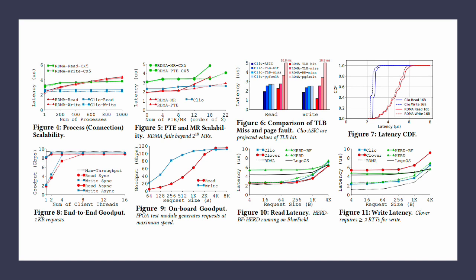In this slide we can see the latency and goodput bar charts, including read and write operations, the Clio based operations, and also the RDMA operations. The top one is the latency and the bottom one is the goodput, where we discussed previously the 100 Gbps and the 2.7 times latency. They evaluated process scalability and PT and MR scalability, and also compared the page fault and the TLB miss rate, and finally the latency.